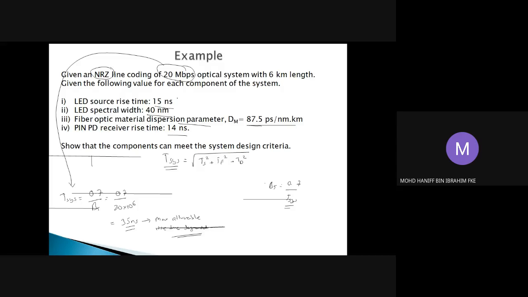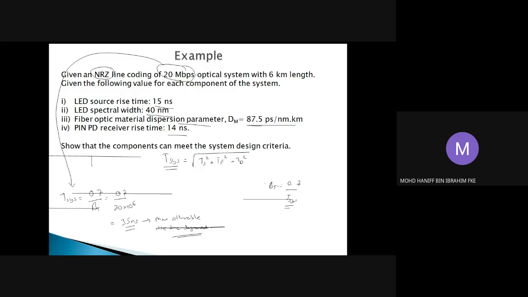Am I right? I repeat again. If your calculated rise time is bigger than 35 nanoseconds, if we substitute in these equations, the bigger rise time will result in a smaller bit rate, which is unwanted.